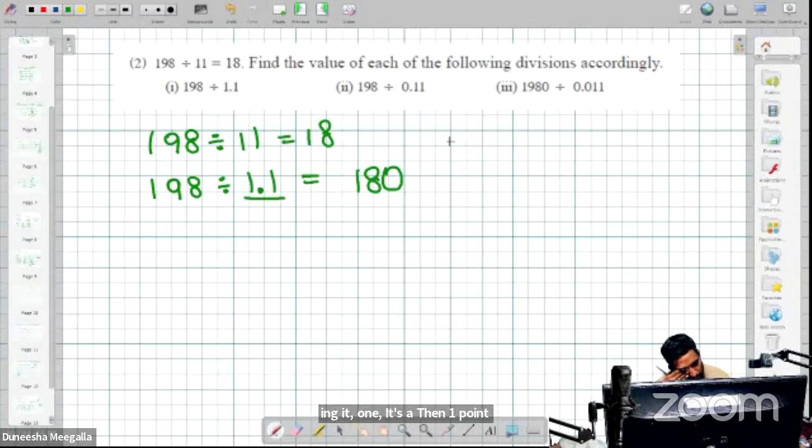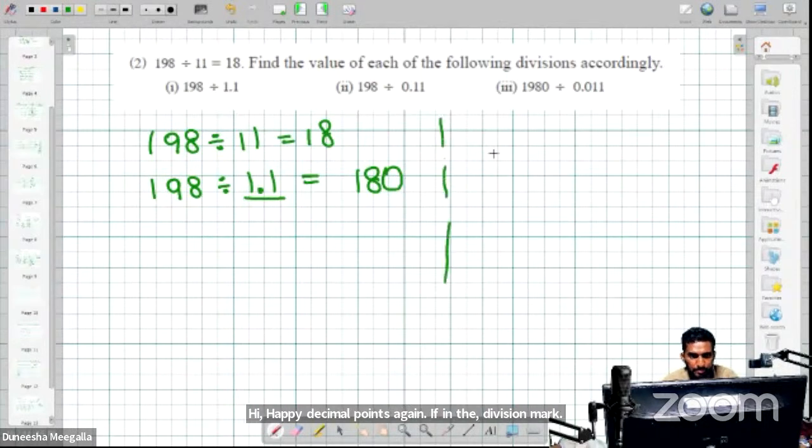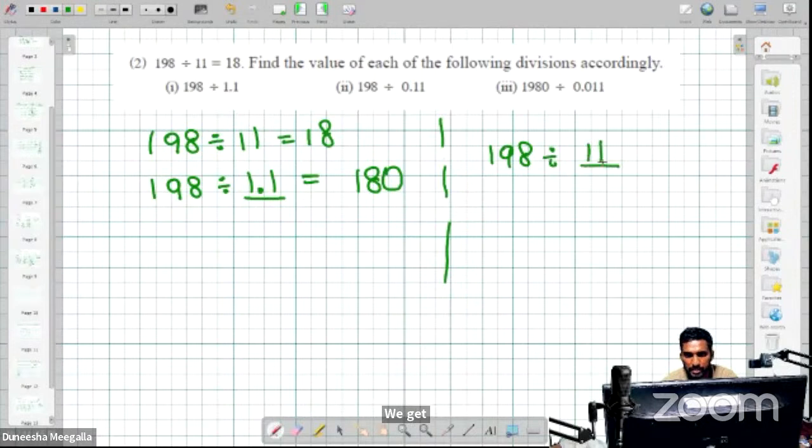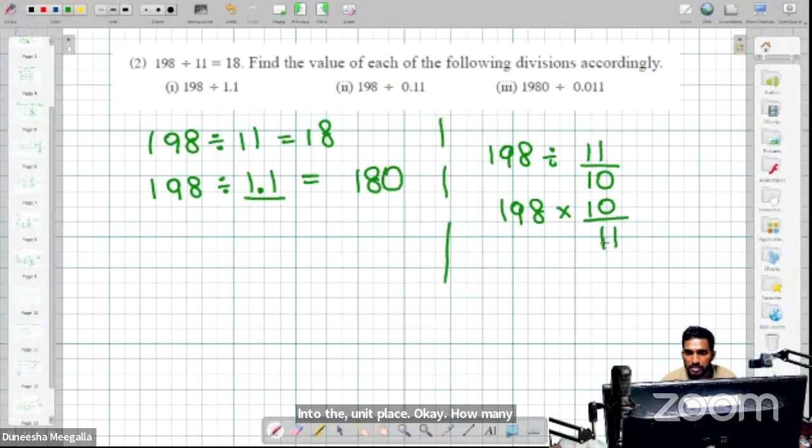It is 180. I will show this division. 198 multiplied by 10 over 11.